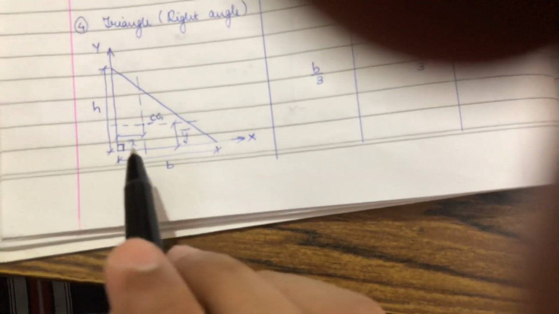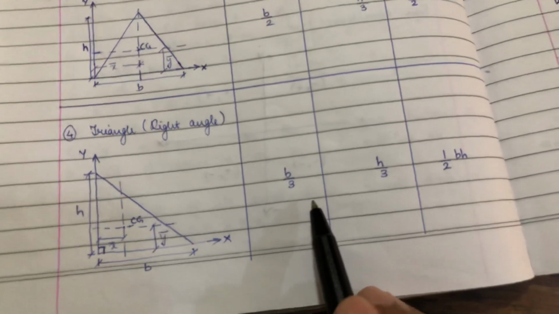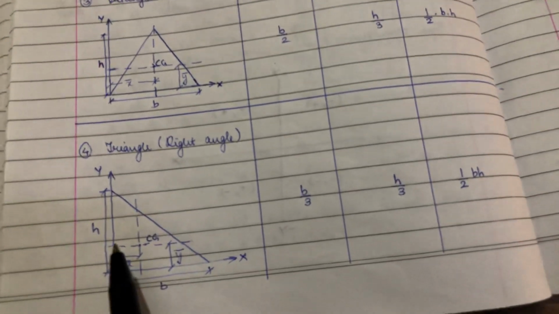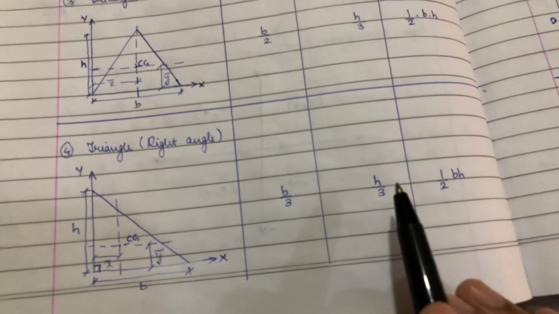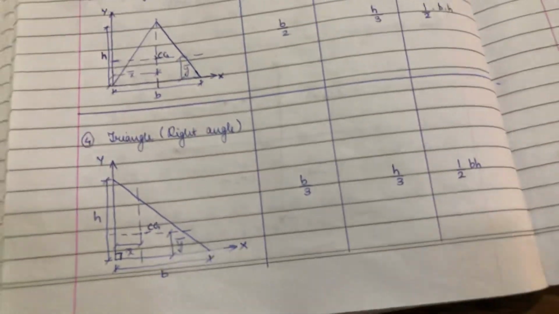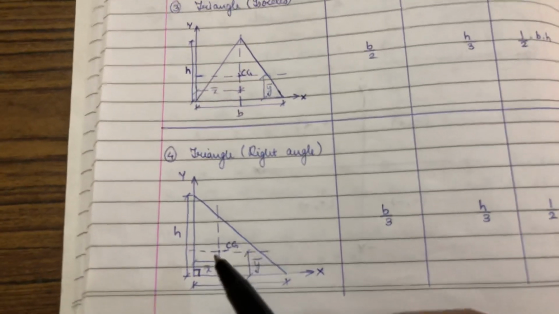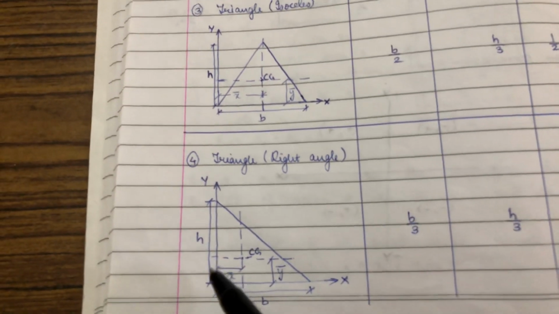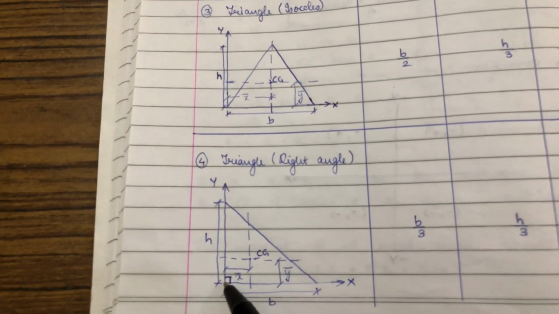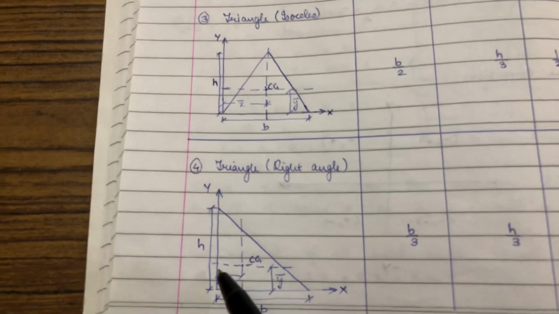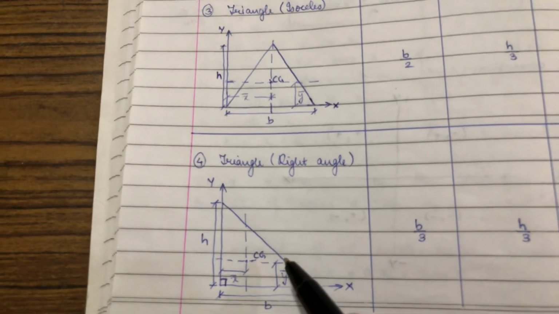So x bar will act at b by 3 and y bar will act at h by 3 for a right angle triangle. This x bar and y bar will always be from the origin. You can see this is the origin. So x bar will act from the origin and y bar will also act from the origin.